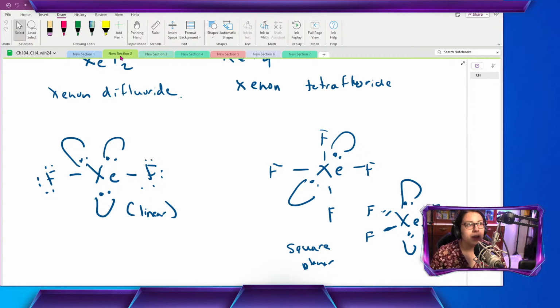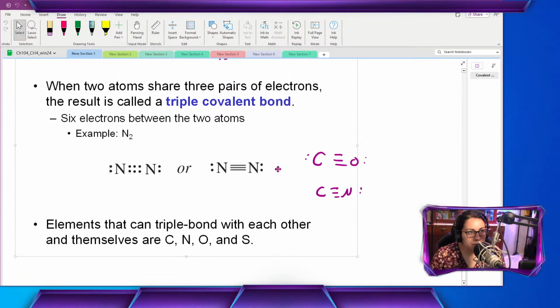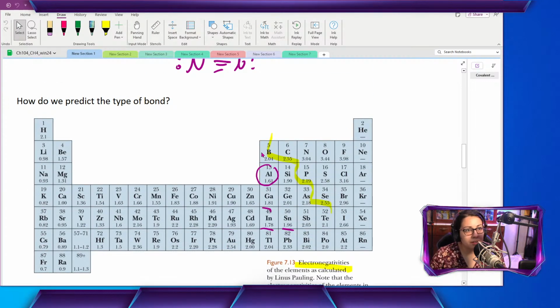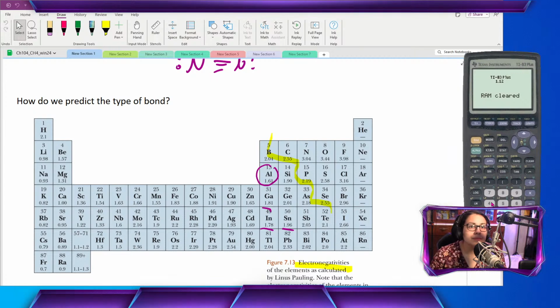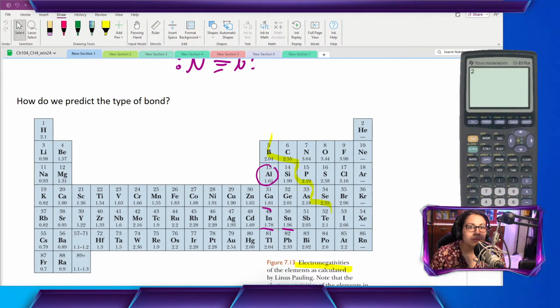We can go back to our electronegativity chart, assuming that I can find it. Here it is. Let's see the difference between our carbon and hydrogen: 2.55 minus 2.1.